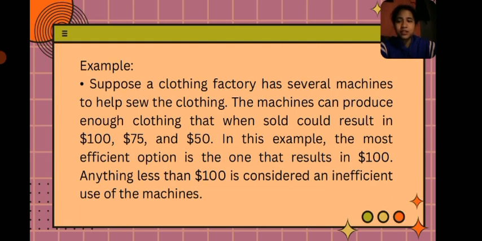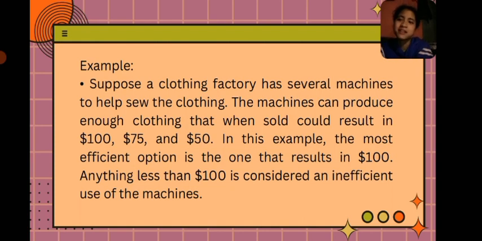Another example is, suppose a clothing factory has several machines to help sew the clothing. The machines can produce enough clothing that when sold could result in $100, $75, and $50. In this example, the most efficient option is the one that results in $100.